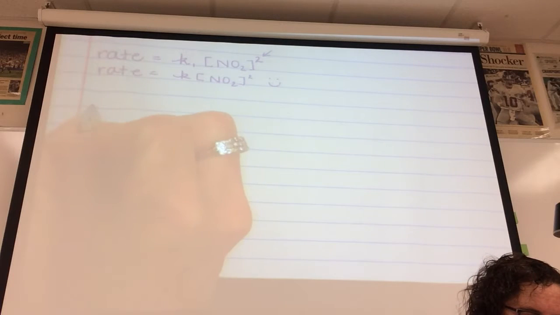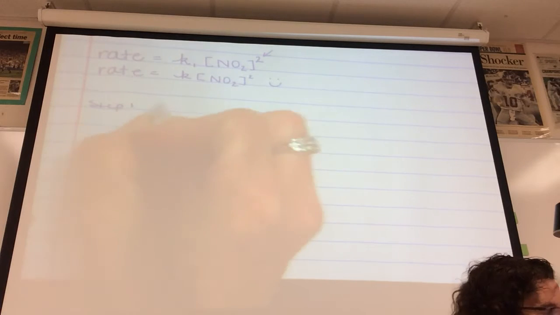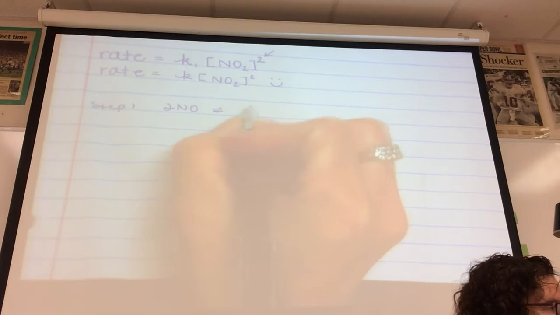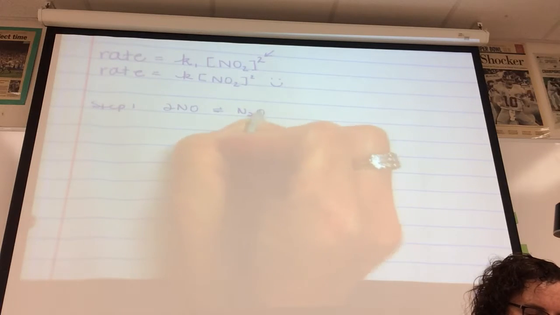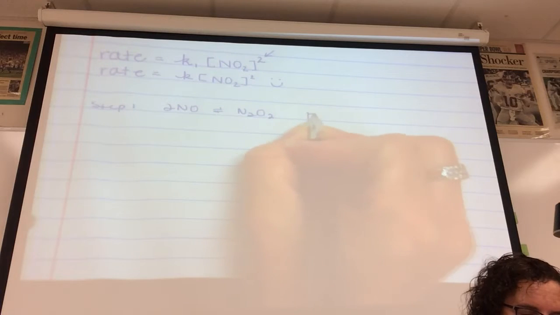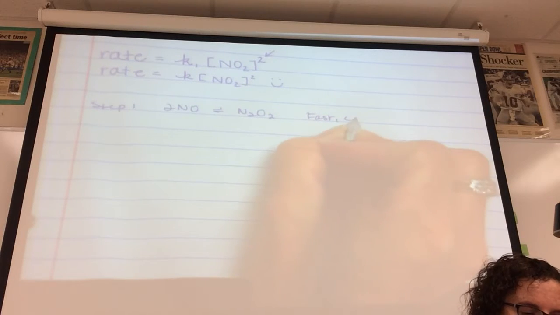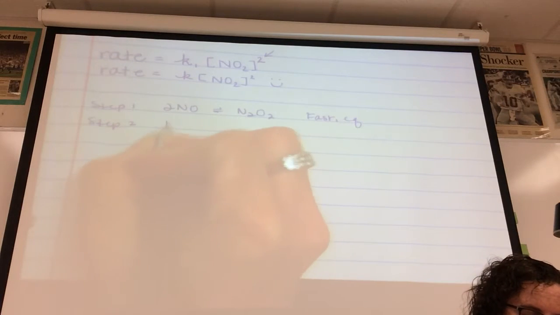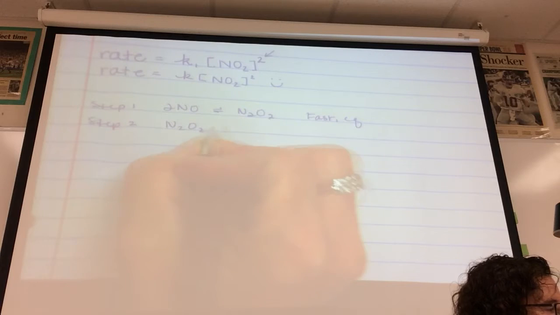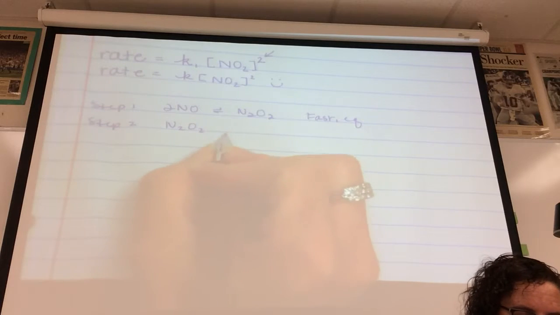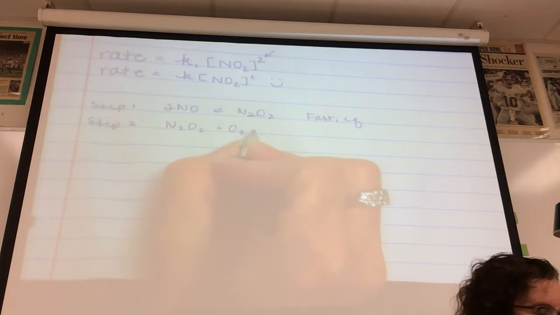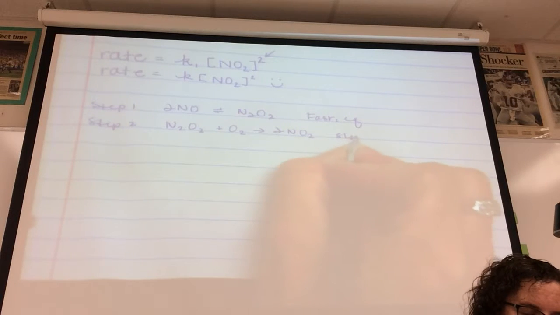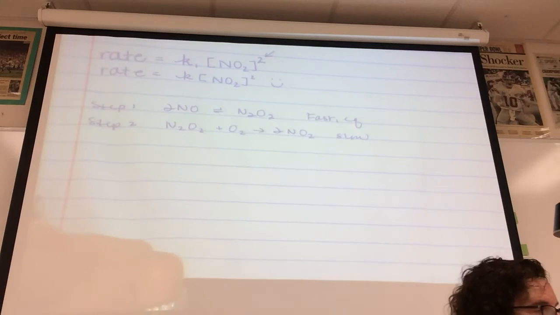This is step 1, where you've got a bimolecular equilibrium reaction. How did I know it was bimolecular? Because you've got two of them. And then for step 2, is that uni or bi? Why is it bi? Because there's 2. All right.